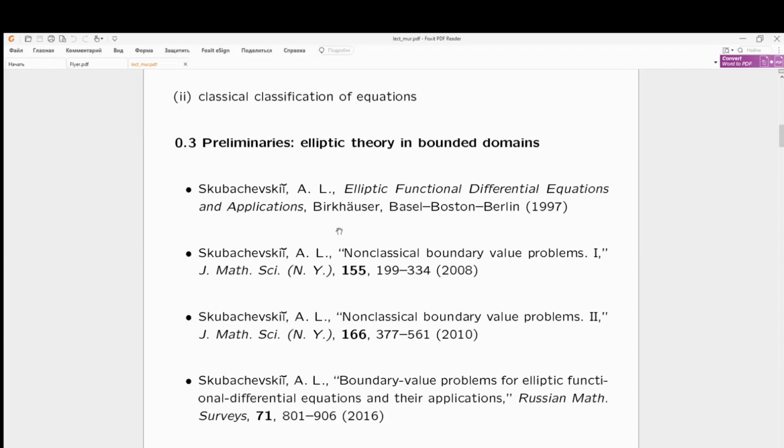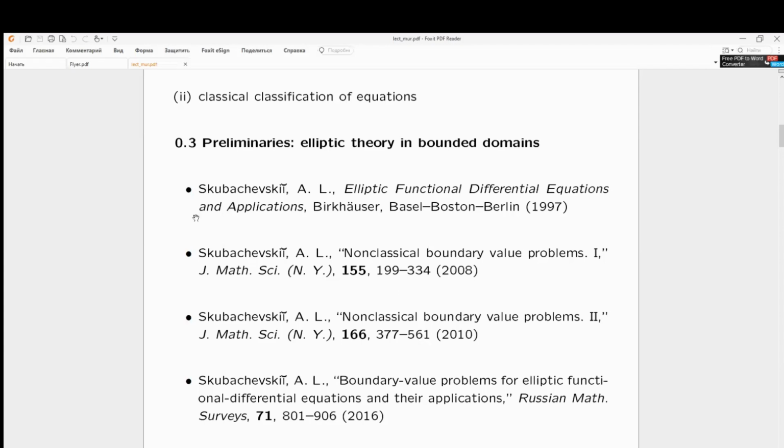The general theory of such equations can be found in these 4 books. Well, I say book even about a journal paper if it occupies the whole volume of the journal.